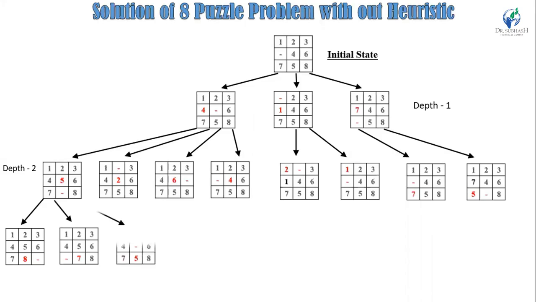The third move is upside, so we replace 5 and the empty space. Now we check here, we have found our goal state. So this way we have found our goal state with the help of blind search. We can solve the 8 puzzle problem without heuristics. So in depth 3 we find the answer.